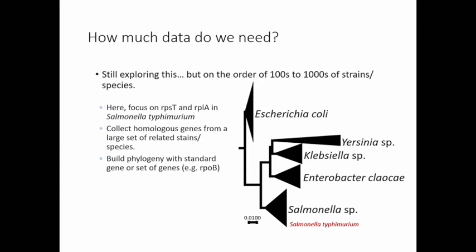So we generate this large phylogeny. This approach will only work if you have lots and lots of data and lots of diversity, because you're trying to tabulate a whole bunch of changes. You need enough diversity and enough strains to have many of those changes, to be able to look for extreme events.